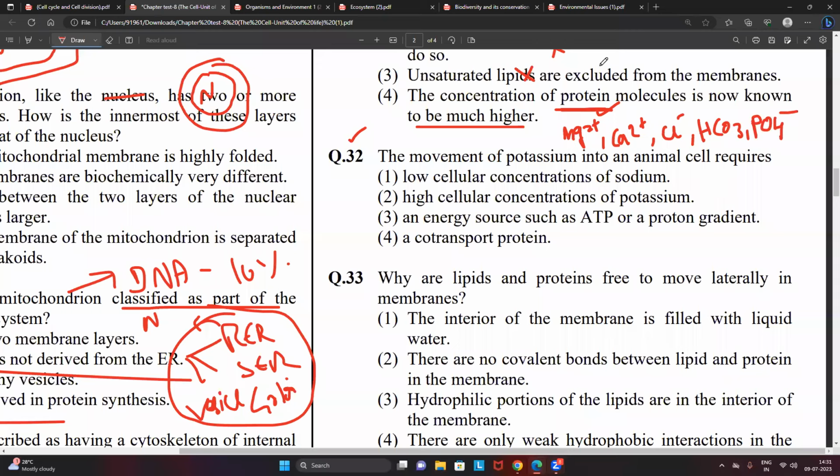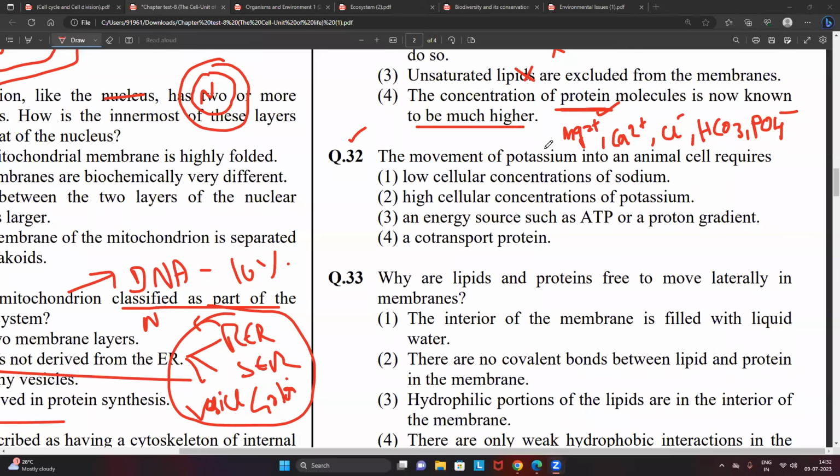Among all these ions, which ion can cross the plasma membrane? Every one of you. Among these ions, which ions can cross the plasma membrane? All of you. Among all these ions, which ion can cross the plasma membrane?